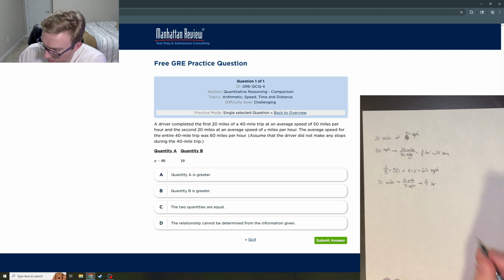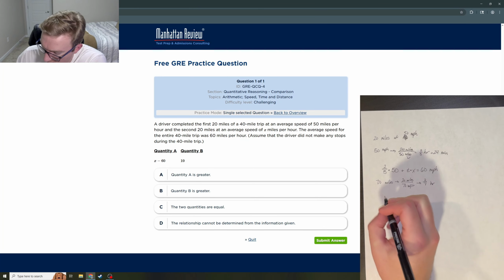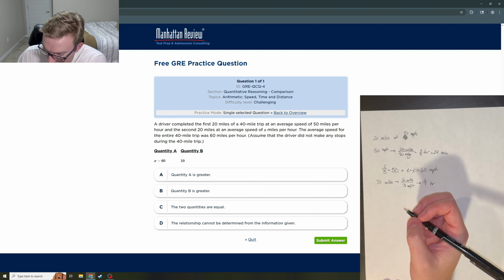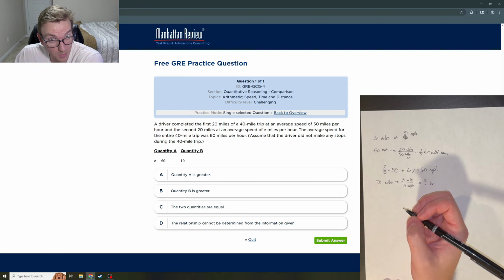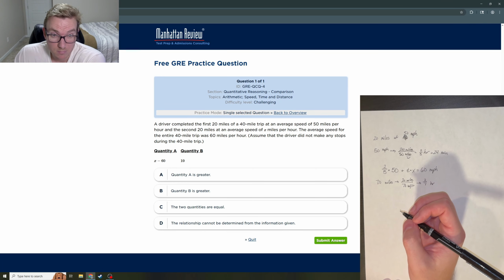And when we actually do that kind of time weighting, right, for 2/5 of an hour I go 50, for 2/7 I go 70, does that actually lead me to an average of 60 miles an hour? And the answer there is going to be no, right? It's not balanced between those two.